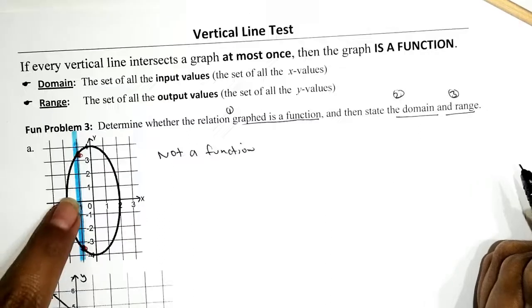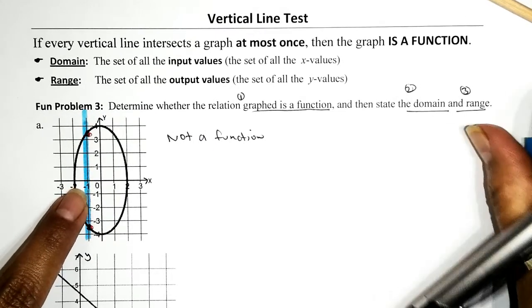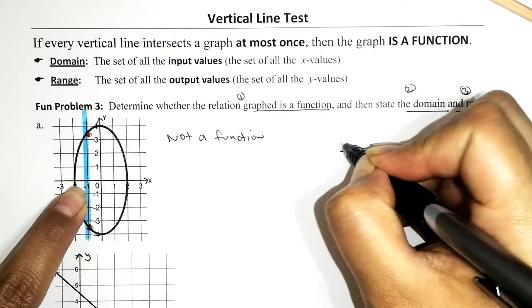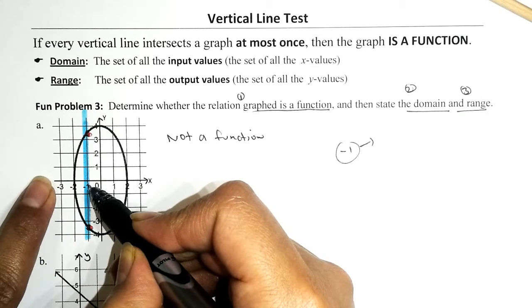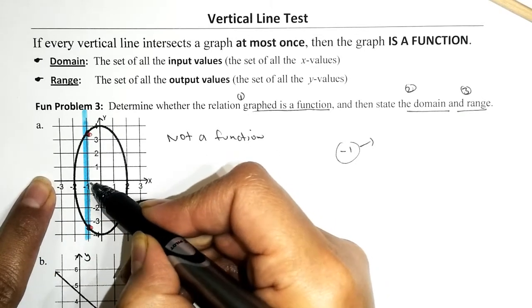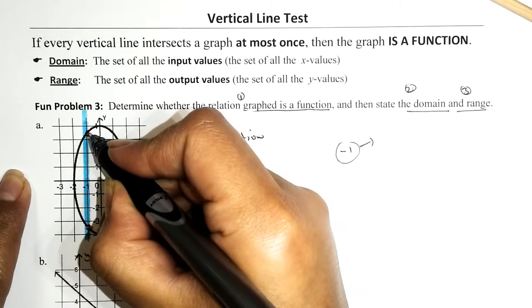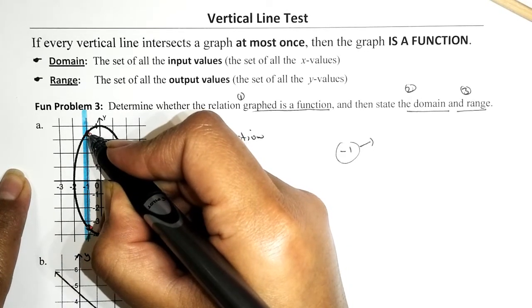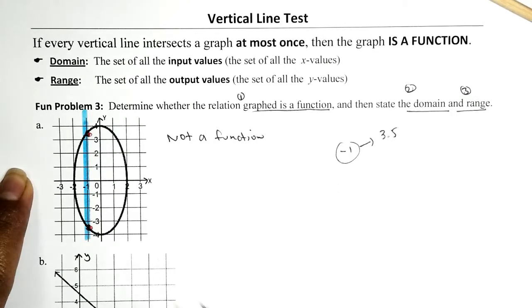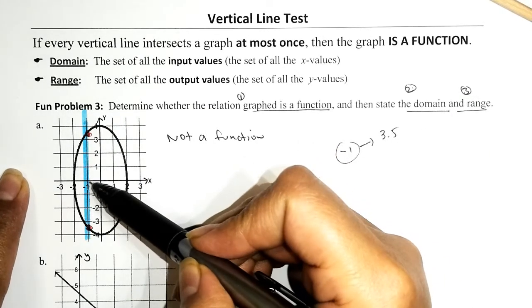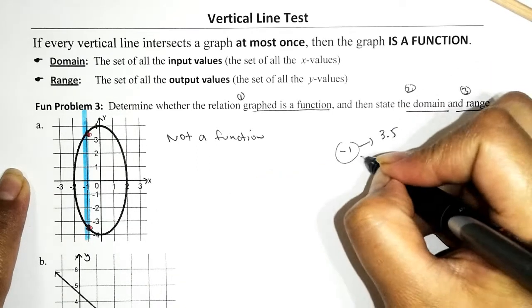In this case, I drew my vertical line at x equals -1. So when the input is -1, what is the output? I locate -1 on the x-axis, and then go up or down until I hit the graph. If I go up, let's just estimate, that's about 3.5. I'm just guessing. And when x is -1, y, or the output, could also be -3.5.